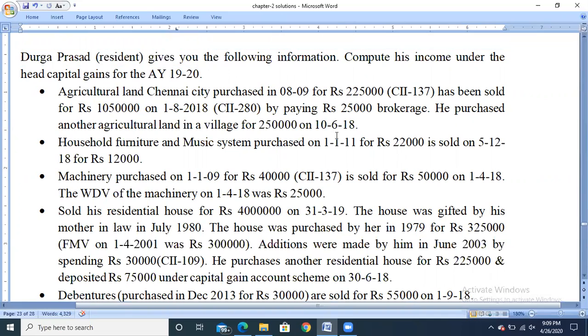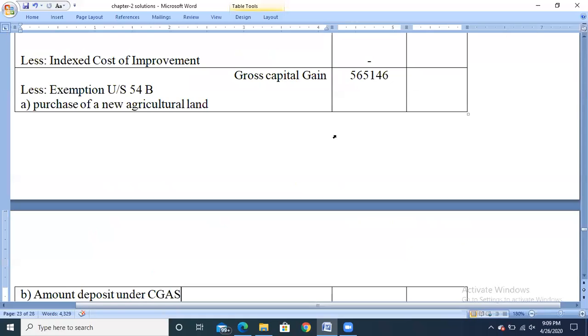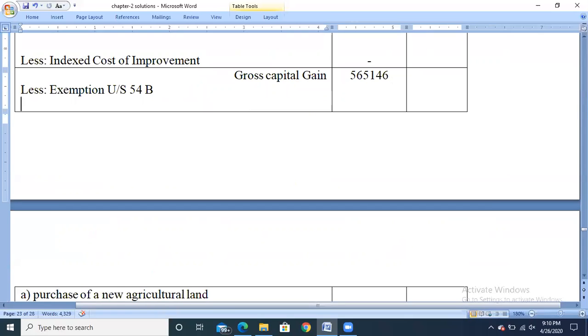Since he can claim the exemption, the exemption amount under section 54B, purchase of new agricultural land, will be the gross capital gain or the cost of new agricultural land plus the amount deposited in the capital gain account scheme, whichever is lower.